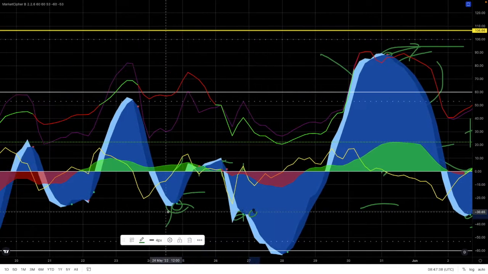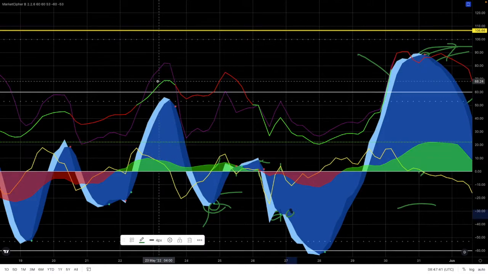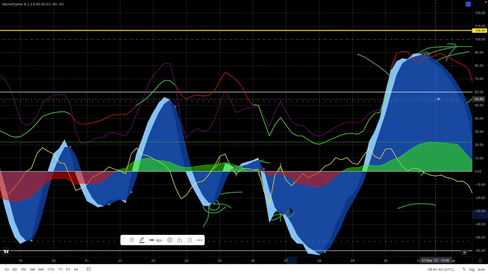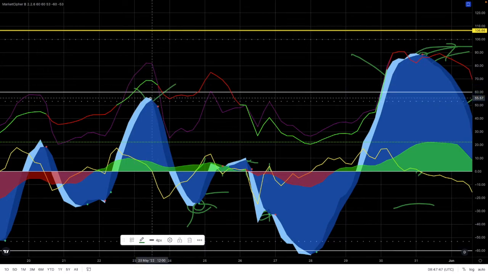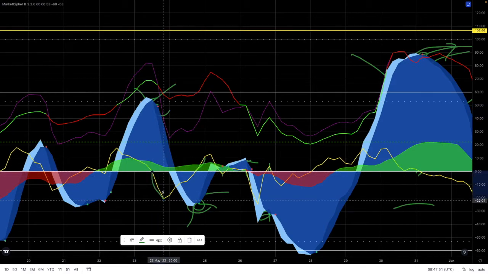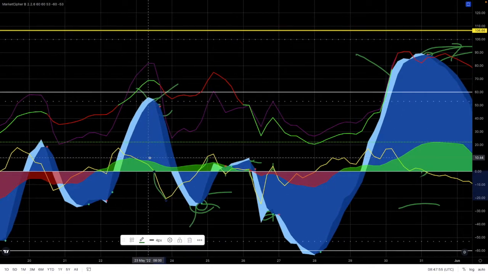Let's see this one too. The intersection between the light and the deep blue crossed downwards, red dots. VWAP also crossed downwards, red dots. You understand? The VWAP is more or less like a volume weighted average price, something like that. But the momentum wave is much more influential than VWAP.